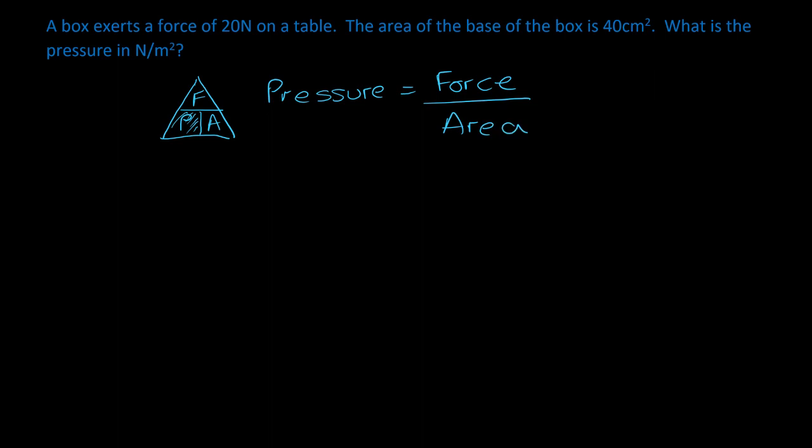So notice that our answer is in newtons per meter squared. Our force is fine because that's in newtons, but our area is in centimeters squared and we need it to be in meters squared.